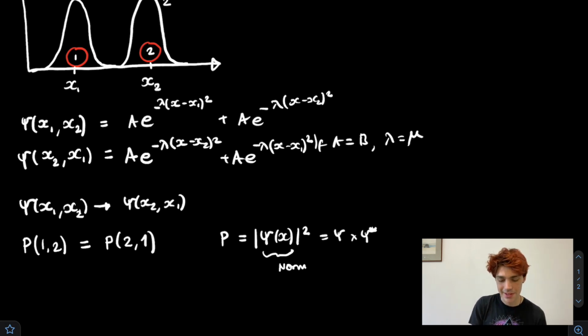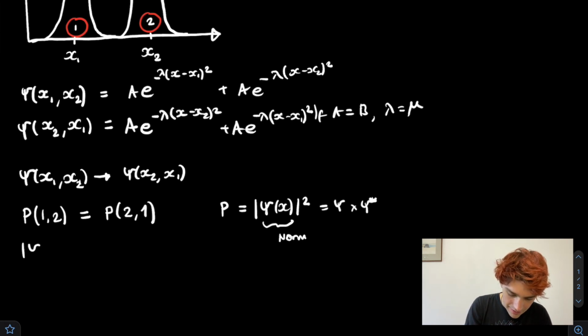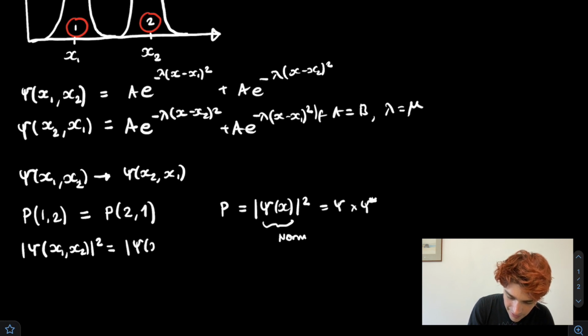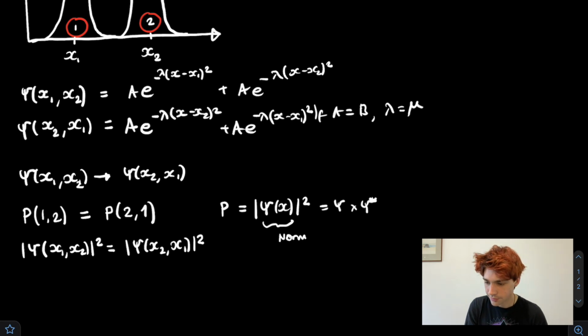So this means that if we substitute psi into this formula right here, then we find that mod psi of x1 x2 squared is equal to mod psi x2 x1 squared.